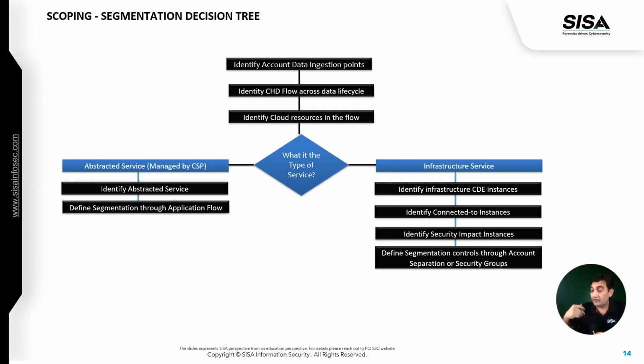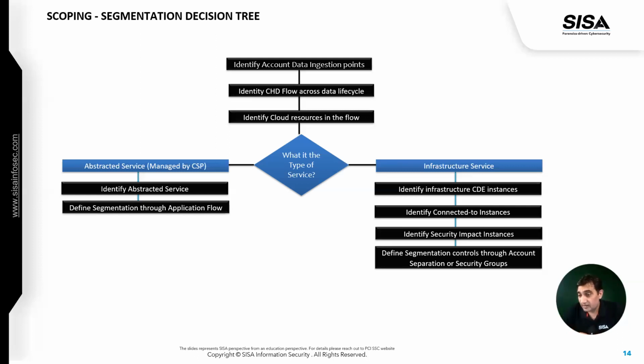Also, identify what other systems can impact the security of this cardholder data environment. It can be a very simple API configuration with a system which is outside. But if that particular system is compromised, then the attacker can do lateral movement and hit your cardholder data environment. That is why this is one of the criteria there, right?